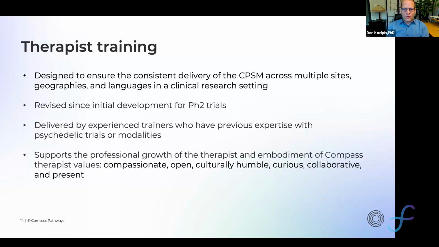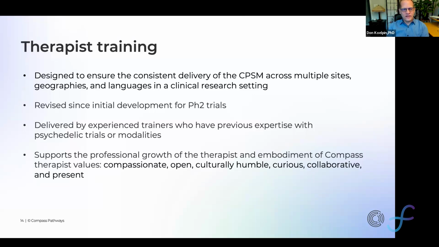So while our training is set up to teach the skills and demonstrate the model, we also provide a lot of individualized feedback. Part of how we evaluate our therapists is their ability to model the values that we've set forth: being compassionate, open, culturally humble, curious, collaborative, and present. And that last one, I think, is essential to do this work well.